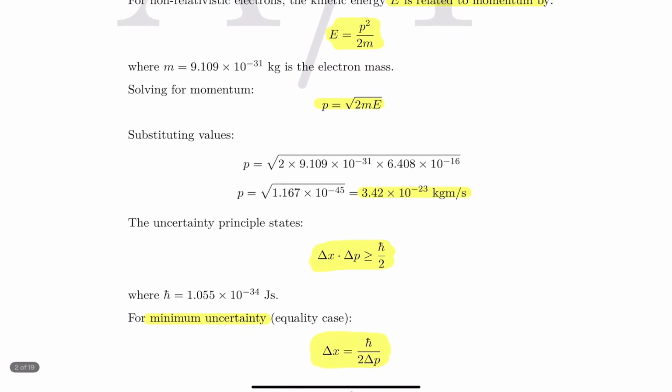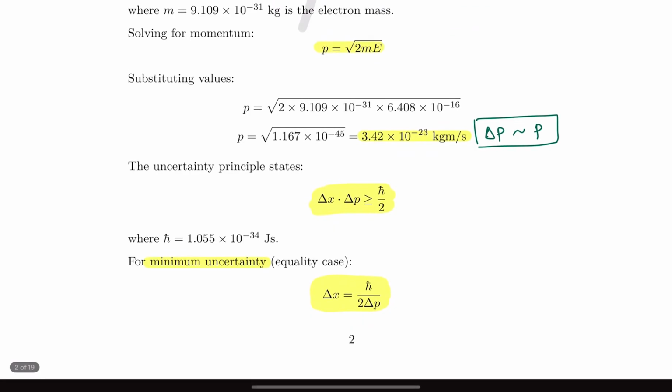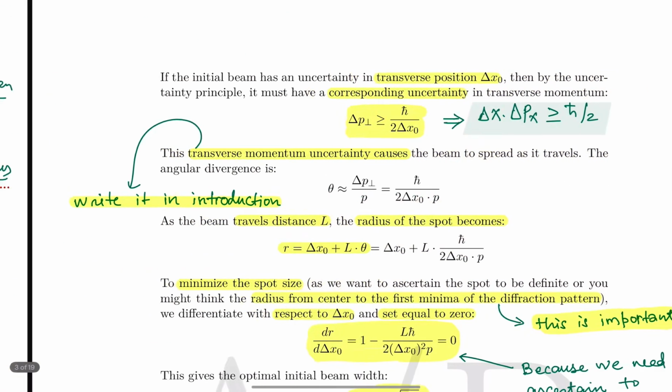Once we get the momentum, we know that the uncertainty in momentum is of around the same order. For the time being, we have written the uncertainty in position in its expression form only and not in calculated form.